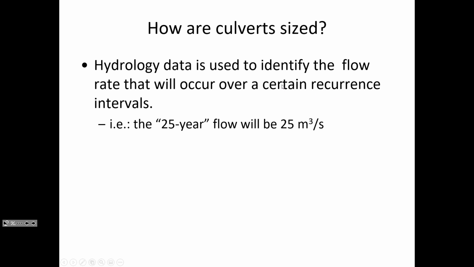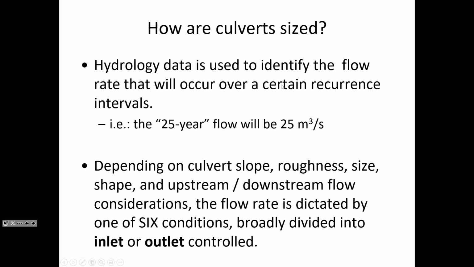Then you start to just try a bunch of different shapes and sizes and see how big does it need to be in order to get the water through without overtopping, for instance. So there are a variety of combinations of how high the water level is upstream versus downstream that dictate which formulas get used to find the capacity.